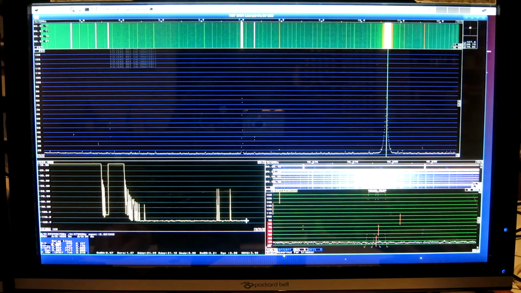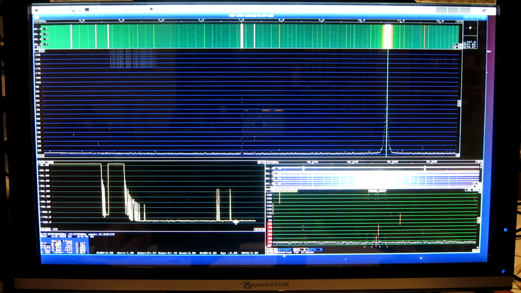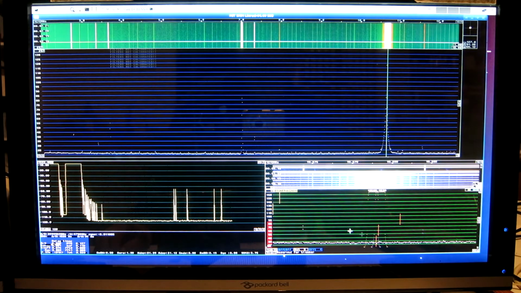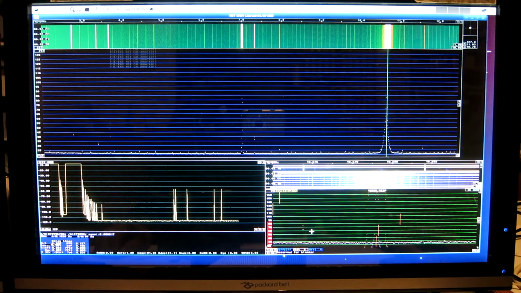That is 147 dB in 1 hertz bandwidth. This is very good.